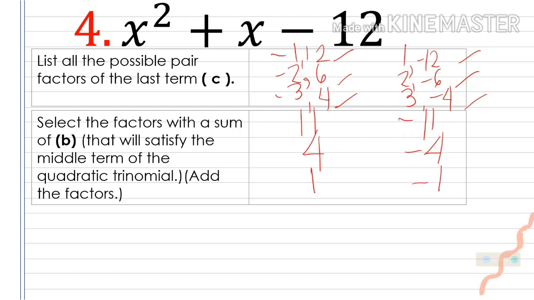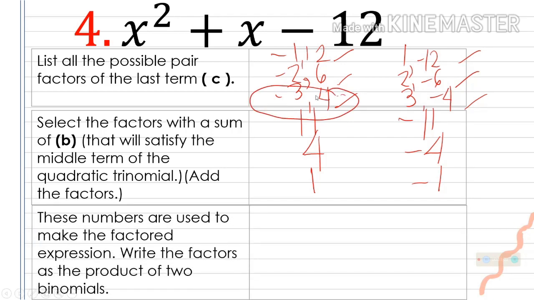So this time, you are going to look for the middle term, which is positive 1. Therefore, you are going to use this pair of factors. Again, to find the factors of x squared, that is no other than x times x.